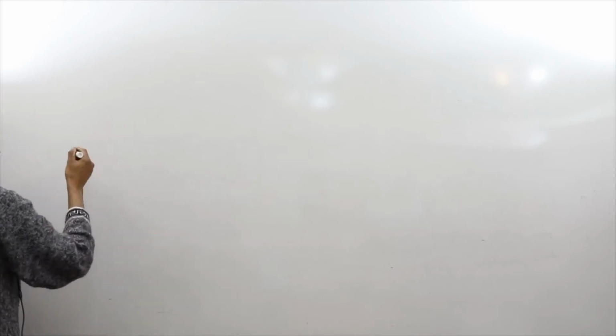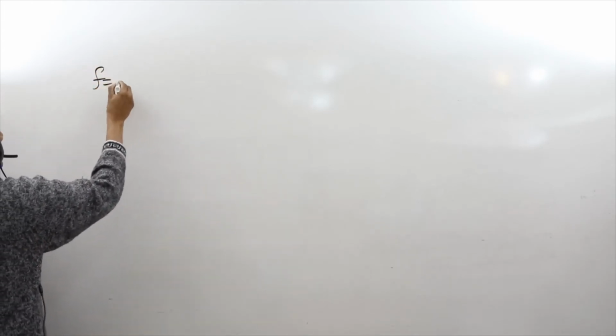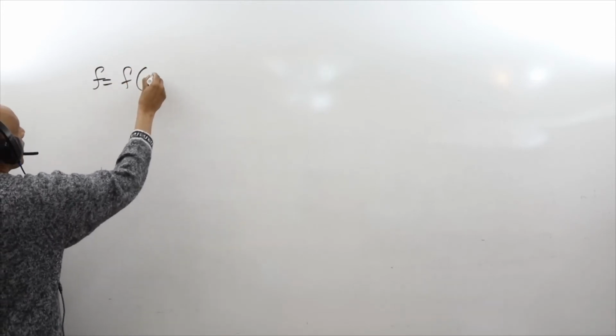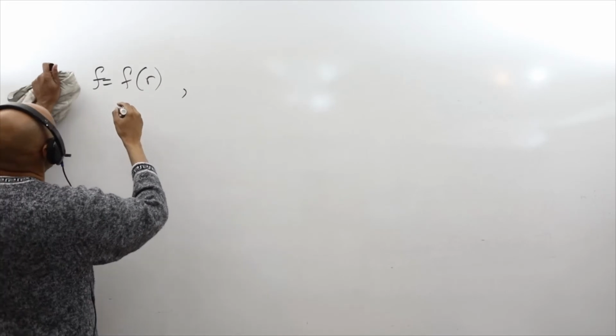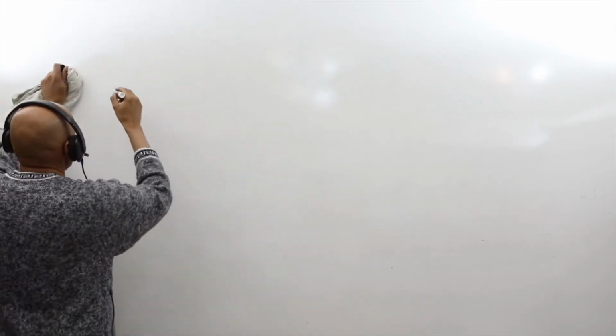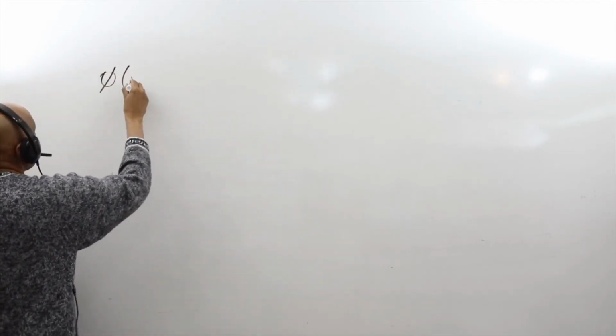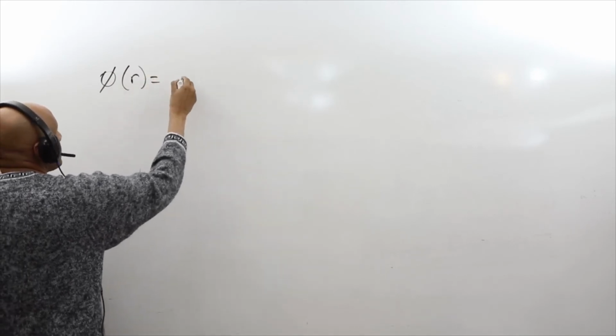So imagine that you're given a function phi, and it's a function of r, the radial vector.